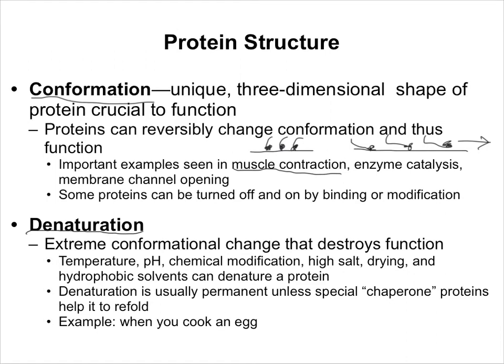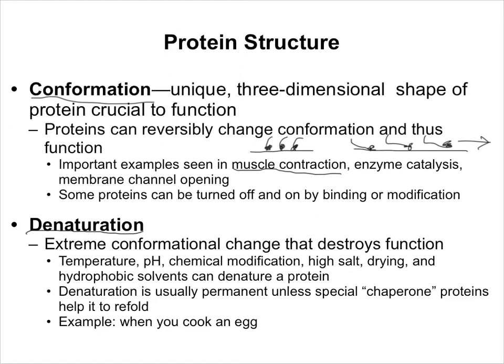pH. Now, remember with pH, what you're doing is you're changing the protonation state. If you lower pH, you're going to be adding protons to it. That's adding positive charge. If you raise the pH, make it more basic, then you're going to be removing protons from it. That is basically making it less positive and therefore more negative.